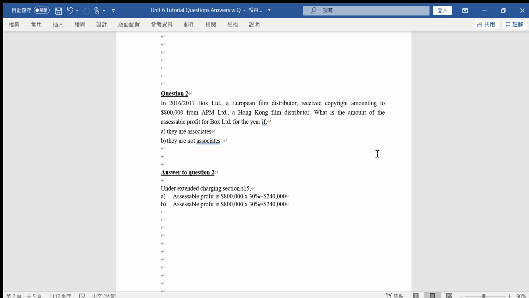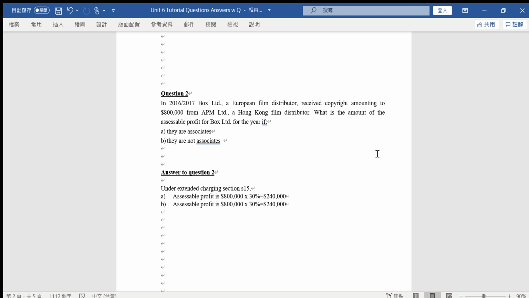But for part A, if you mention the film has been owned by the Box Limited, the Hong Kong film distributor, before, then the whole amount, 100%, will be fully taxable. That is the key thing which determines whether it should be 30% or 100%.